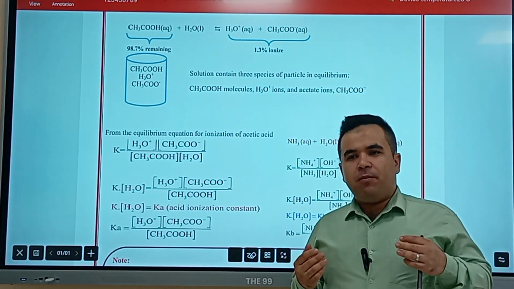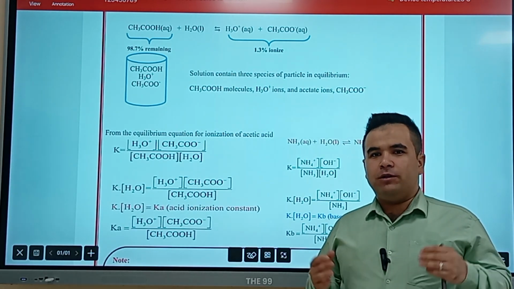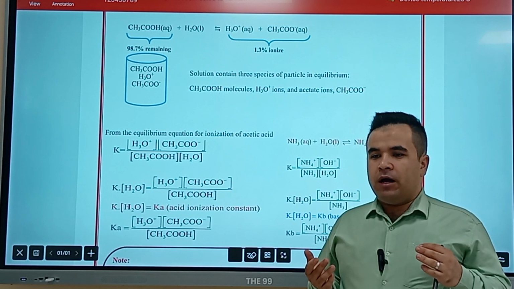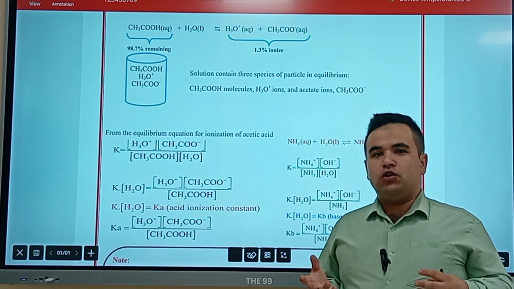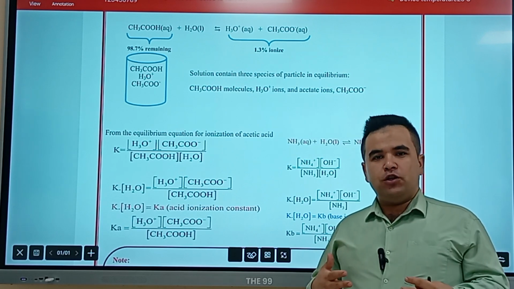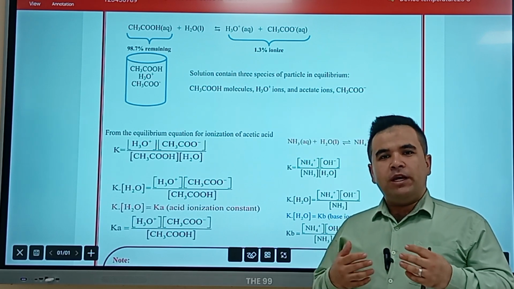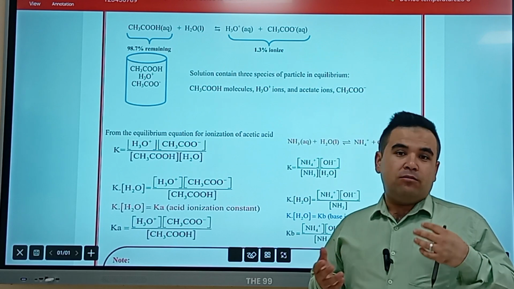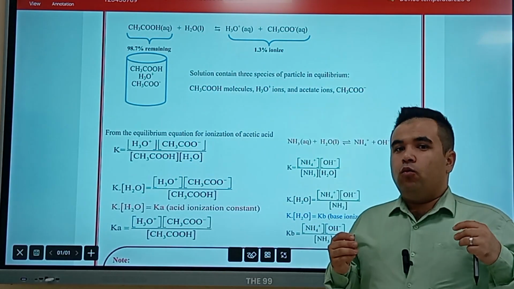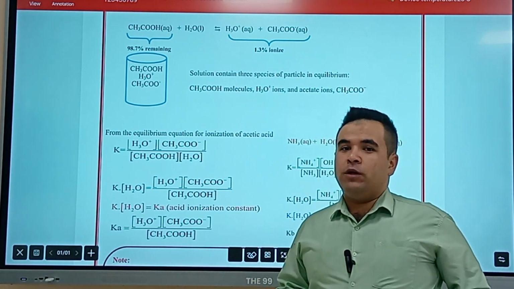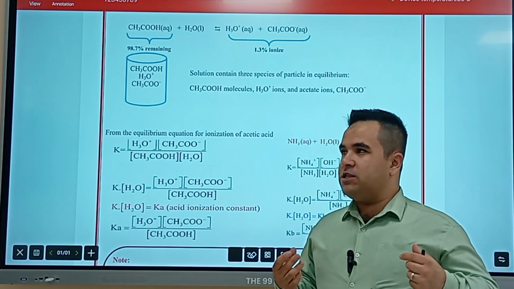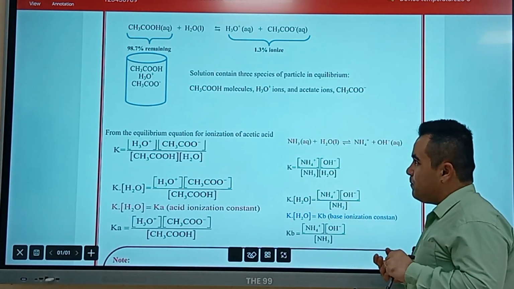If you remember, refer back to chapter 3, where we talked about titration. There we said we are not able to calculate the hydronium, hydroxide, pH, and pOH for a titration between two weak solutions, weak acids and weak bases, because they are partially ionizable compounds.